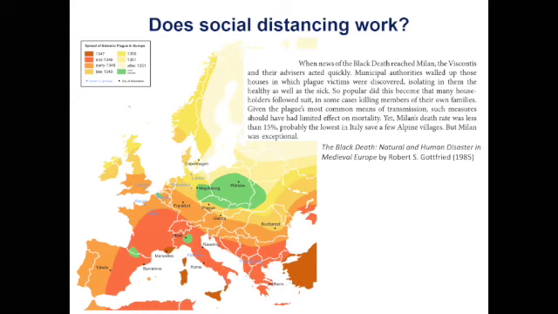So popular did this become that many householders followed suit, in some cases killing members of their own family. Given the plague's most common means of transmission, such measures should have had limited effect on mortality, yet Milan's death rate was less than 15%. That is in comparison to anywhere from 30 to 60% of Europe being wiped out back then. Probably the lowest in Italy, save a few alpine villages, but Milan was exceptional.